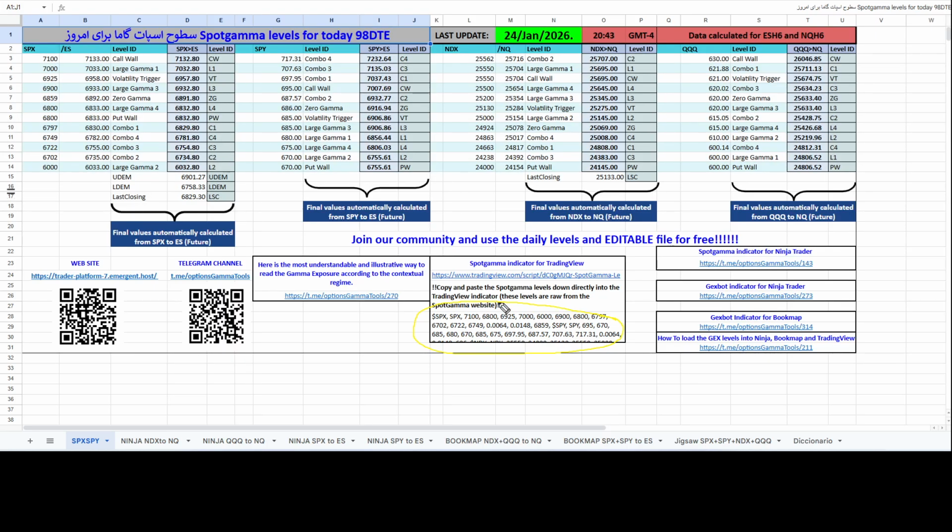Remember that I uploaded a video about how to use this spreadsheet in NinjaTrader, in TradingView, and how to load it in Bookmap. Okay, this is an introduction about how to use the spot gamma levels in all the platforms.